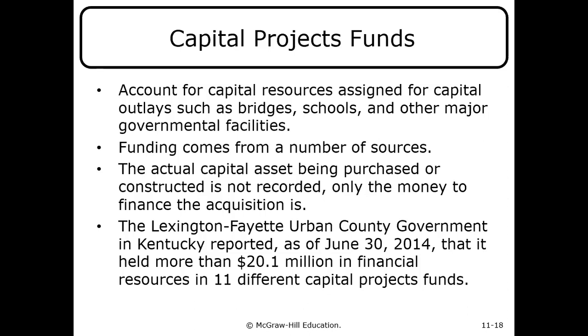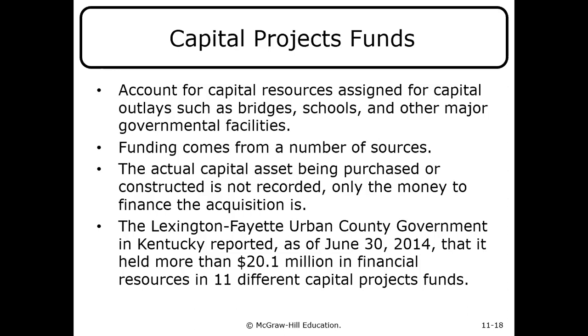general revenue. The actual capital asset, this is interesting because this is not how it is in our financial world, being purchased or constructed is not reported here. We only put the money to finance the acquisition in a capital projects fund. Here's an example.